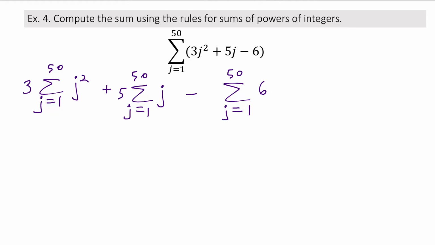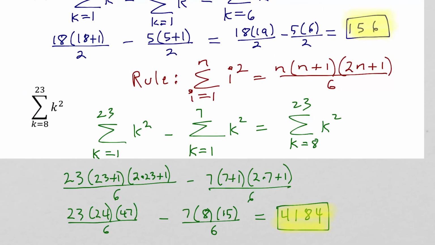All right, so now we can use our rules to figure out this total. I've got 3. So the first rule is back to this one here: n times n plus 1 times 2n plus 1 over 6.